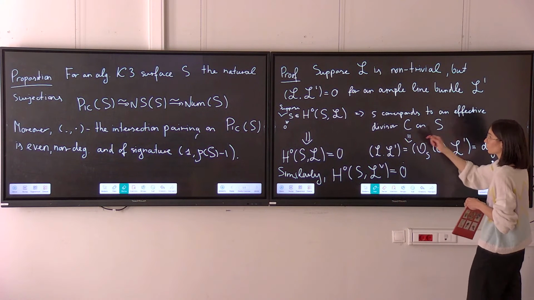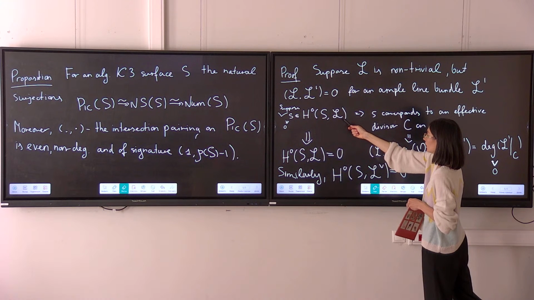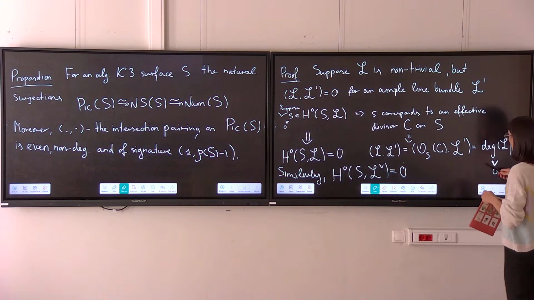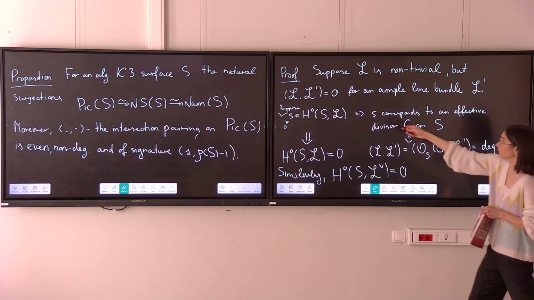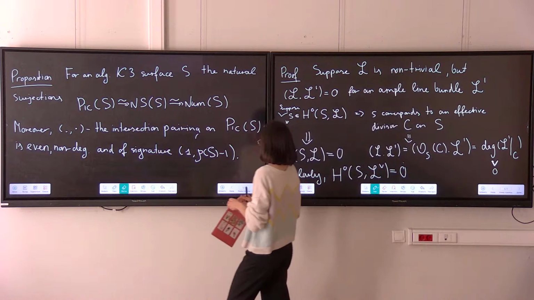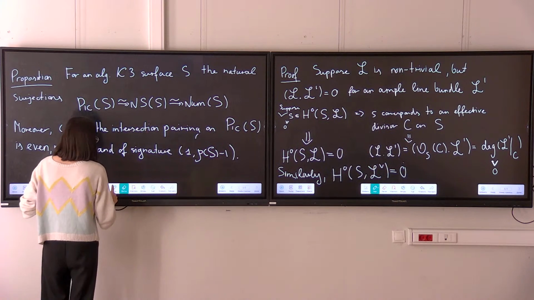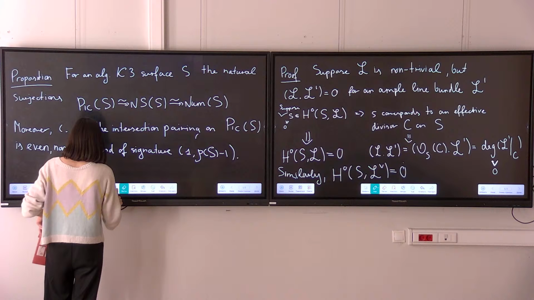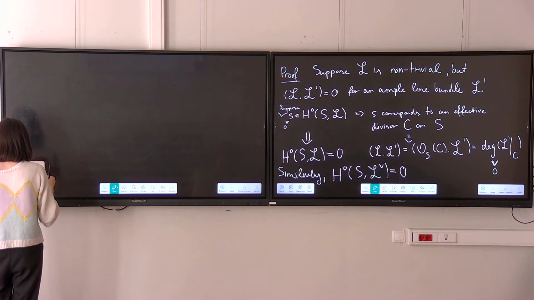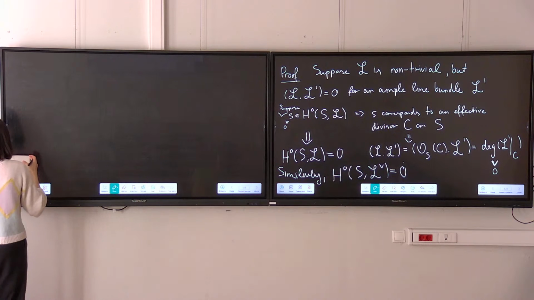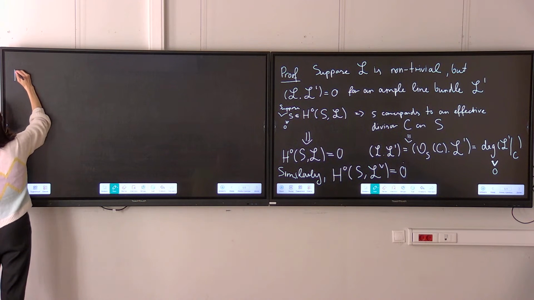Just the same thing: we suppose that it has global sections, then we will obtain that this degree will be strictly less than 0, and we supposed this is 0 when we consider L. So, and now by Serre duality.